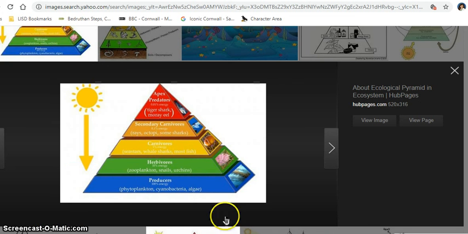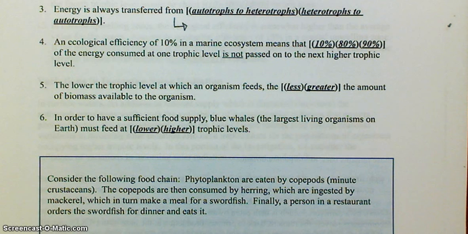And if you're talking about needing more energy and more biomass, then you need to go down into the lower levels of your energy pyramid, okay? So number 6, they're going to need to feed at lower trophic levels, okay? So make sure you circle lower for number 6.